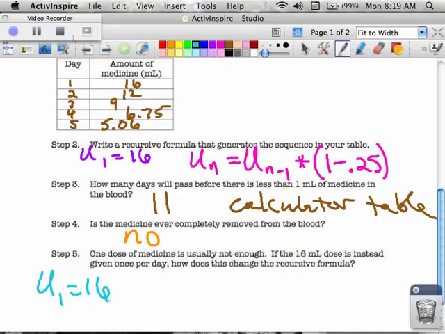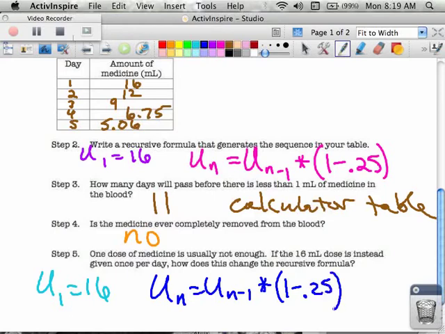But then U_N equals U_(N-1) multiplied by the fact that I've decreased the amount in my body because my kidneys are filtering it out by 25%, just like before. But each day I'm adding in another dose of 16 milliliters. And that's the shift, that adding in of the extra 16 milliliters into your body.